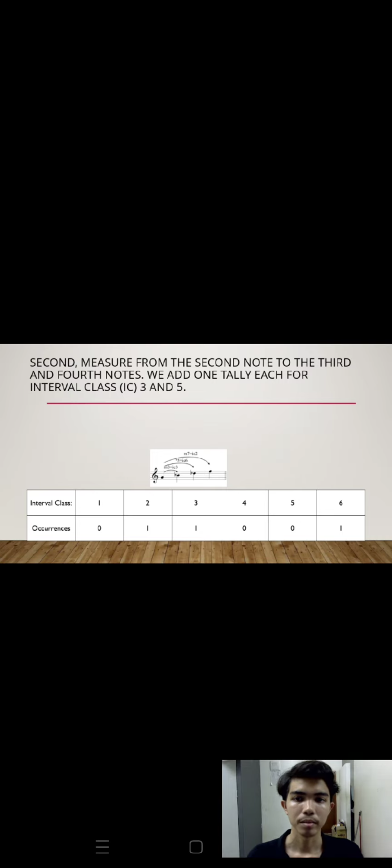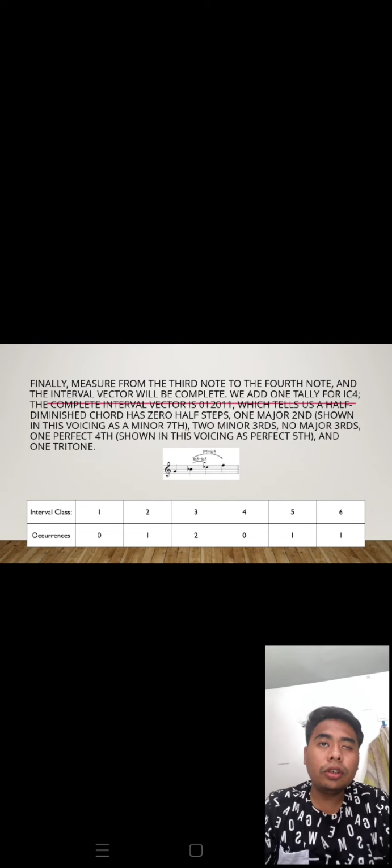Finally, measure from the third note to the fourth note, and the interval vector will be complete. We add one tally for interval class 4. Diminished fifth has 6 half steps. This voicing has one minor seventh, two minor thirds, and one major third.